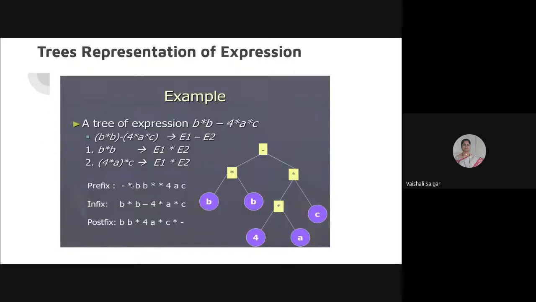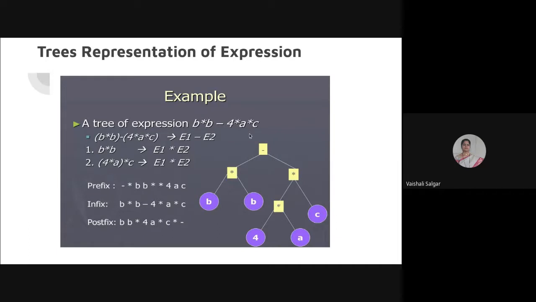For the particular equation which we have solved, b square, b raised to 2, b square minus 4ac is written as b into b minus 4 into a into c. Now if you look at b into b, it will be taken as the first expression, and 4 into a into c will be considered as the second expression.